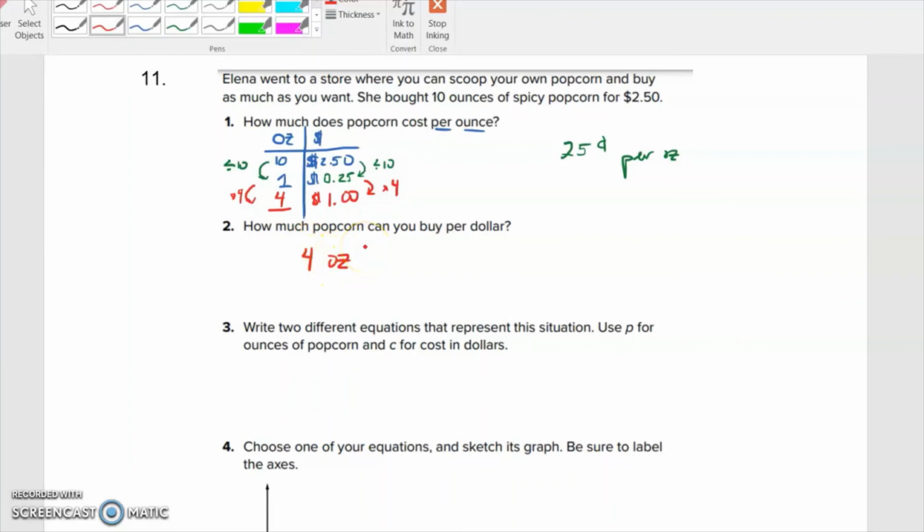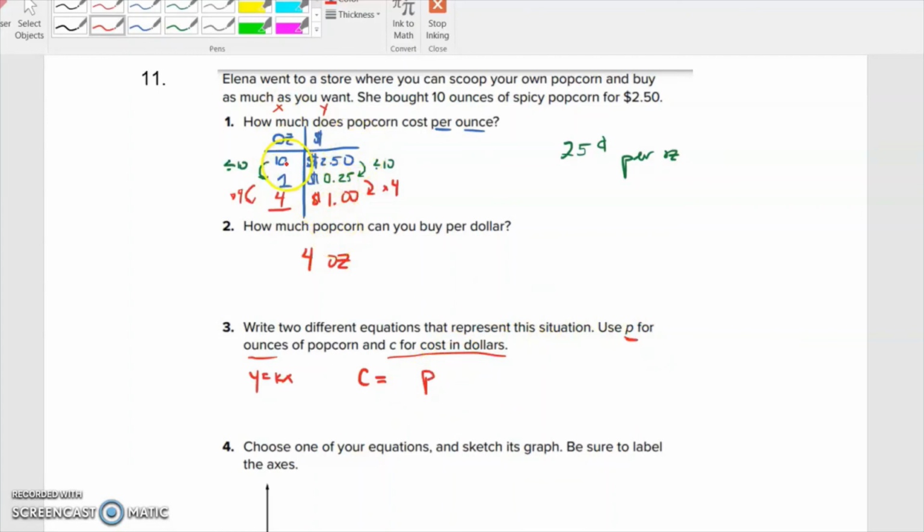Okay. Number 3 says write 2 different equations that represent this situation. Use P for ounces of popcorn and C for the cost in dollars. Well, I think the easiest one to do first is the one I'm accustomed to, labeling this X and this Y, and then saying Y equals K times X. My Y value in this case is cost, so I'm going to say C equals whatever my constant of proportionality is times my X value, and my X value is ounces, and it says use P for popcorn in ounces.